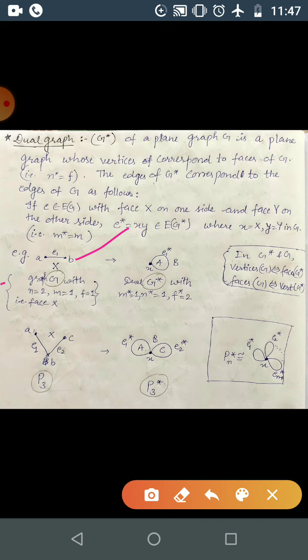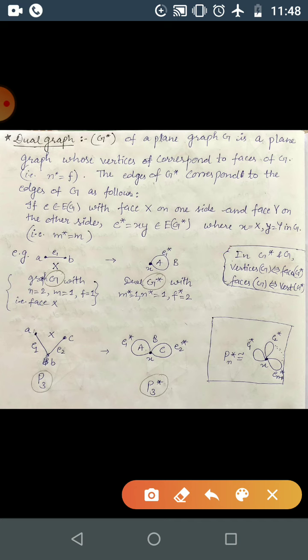So graph G with n is 2, that is the number of vertices 2, m, the size, is 1, number of faces is 1. Okay, number of faces you can represent by f. And here we have m star is 1, that is same as m, n star is 1, that is same as f in G, and f star will be 2, that is same as n in G. Okay, I hope you got this one.